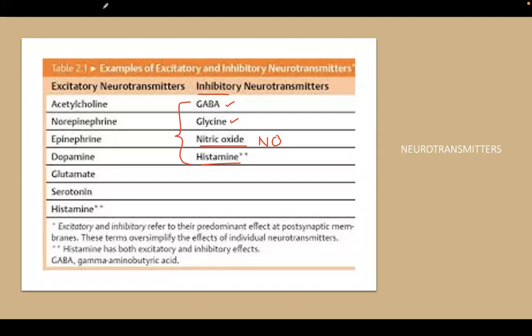Question. From what amino acid does nitric oxide come from? Okay, nitric oxide comes from arginine.